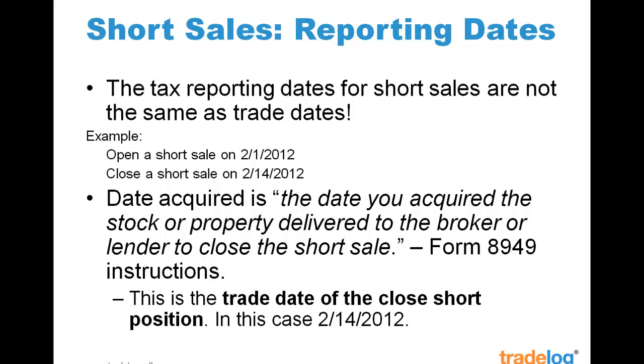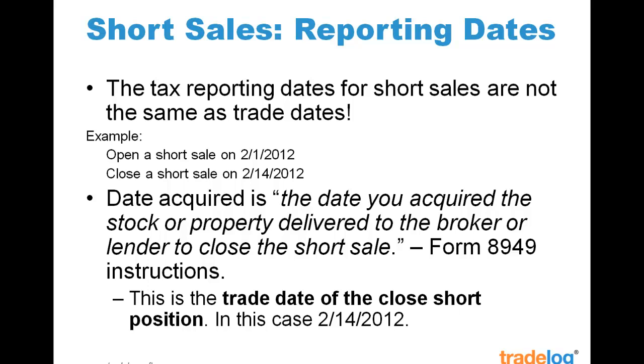I'll give a basic example. You open a short sale on February 1st, you close it on February 14th. Now you might think that the date acquired is February 1st, the date sold is February 14th, or something like that, but not so. The instructions for Form 8949 say that the date you acquired the stock or property delivered to the broker or lender to close the short sale, that's the date acquired.